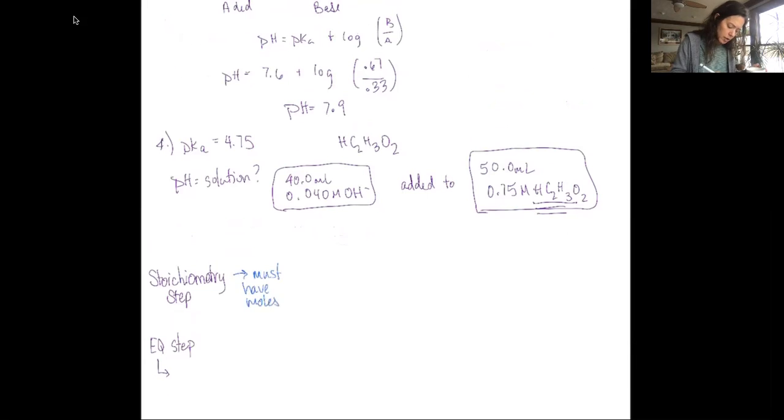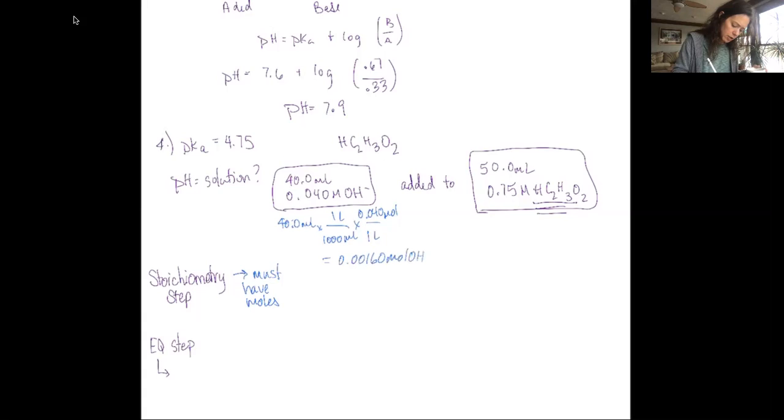All right, so let's look here. This is 40.0 milliliters. Every 1,000 milliliters is 1 liter. Every 1 liter is 0.040 moles. So we have 0.00160 moles of what?